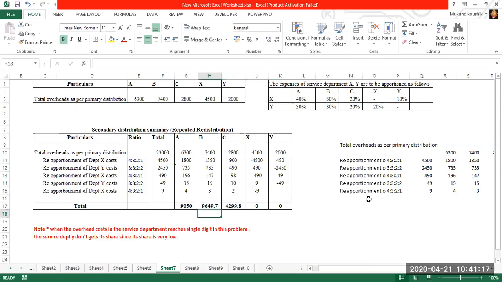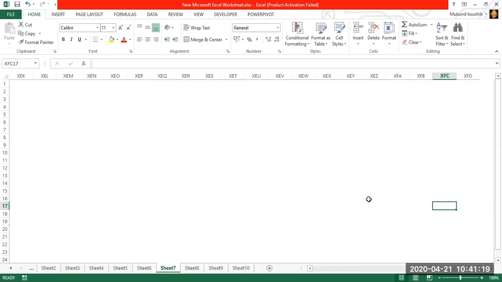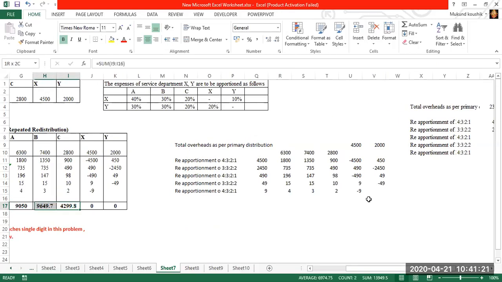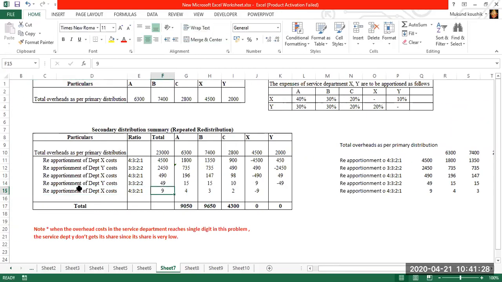So it has completely become 0. If you look at it properly, when we are allocating this 9 to other departments in the ratio of 4:3:2:1, if you allocate to departments A, B and C itself, the complete 9 will be gone.